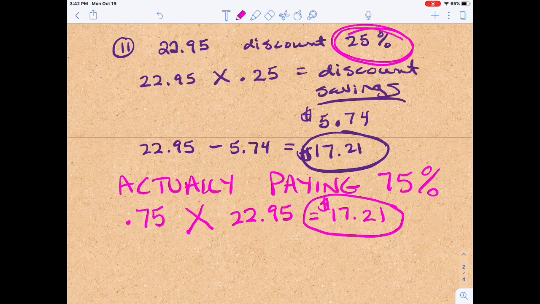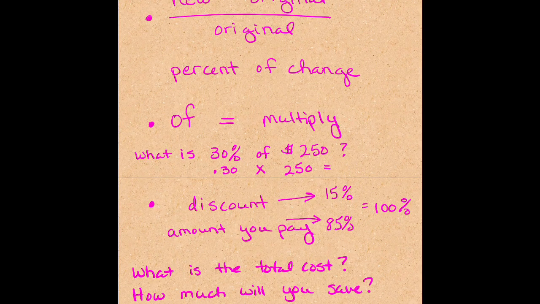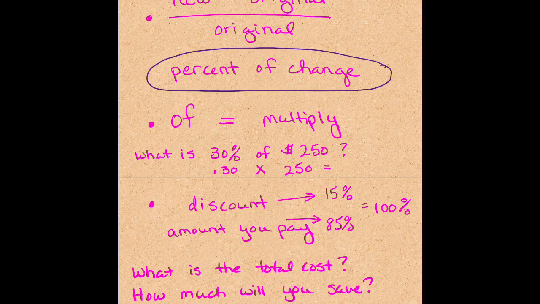So what did we learn today? We learned that new minus original divided by original will give us percent of change, whether it's an increase or a decrease. We learned that of means multiply.